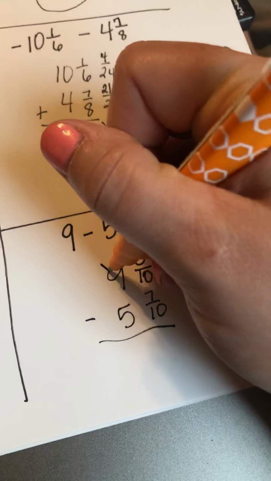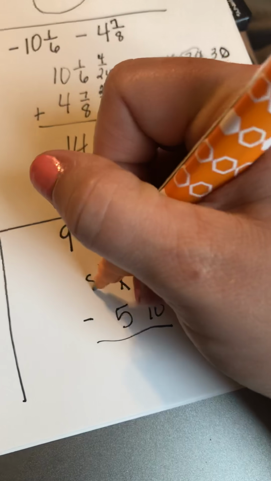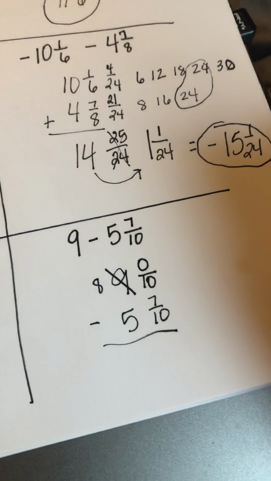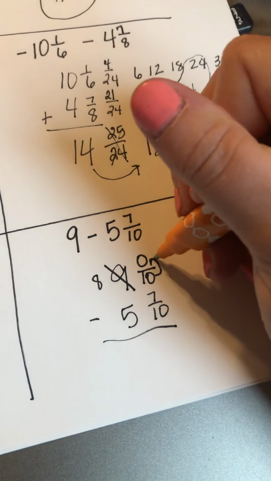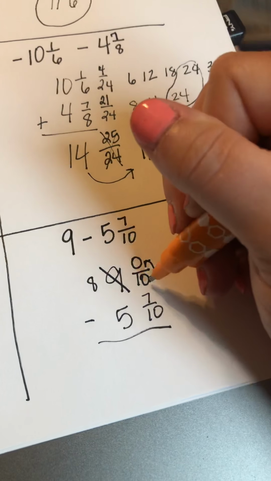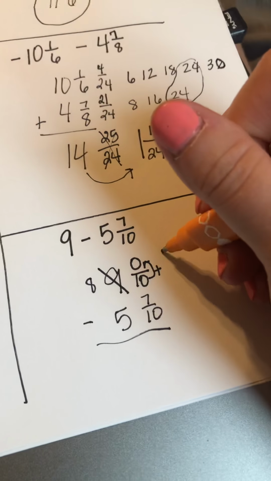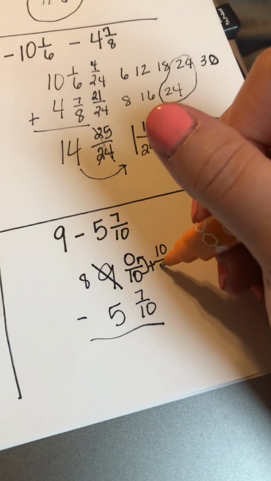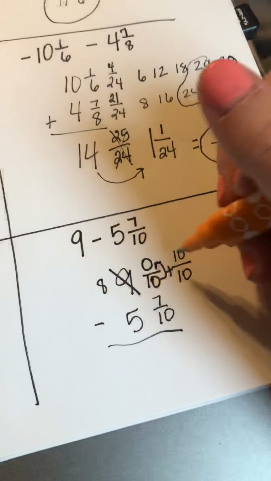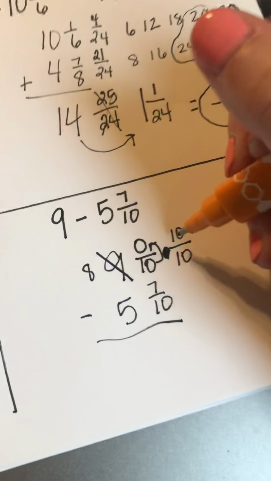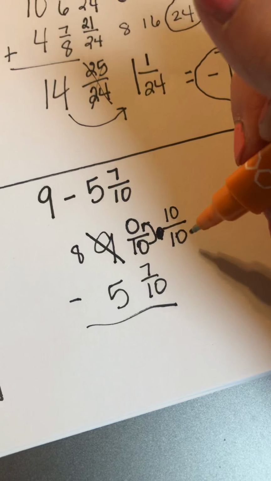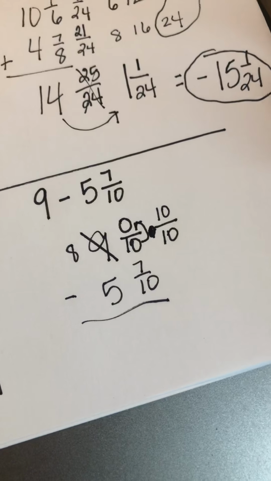That's not going to work, so I'm going to have to borrow. I'm going to borrow from the whole number, make this an 8. And then I'm going to add these two together. 0 plus 10 makes 10 over 10. And if we think about it, 10 over 10 is actually 1, right?